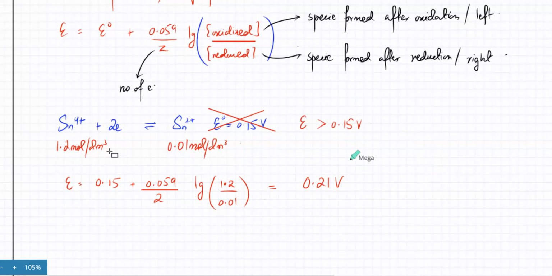This is 1.2 mole per dm cube, that's very small. Even if there's a big change, the change in potential is not going to be that huge or massive. So remember, the potential change would only be very slight. If something is 0.15 volts, it will not become 1.5 volts. It's not going to be a 10 times change that will happen. Is that clear?